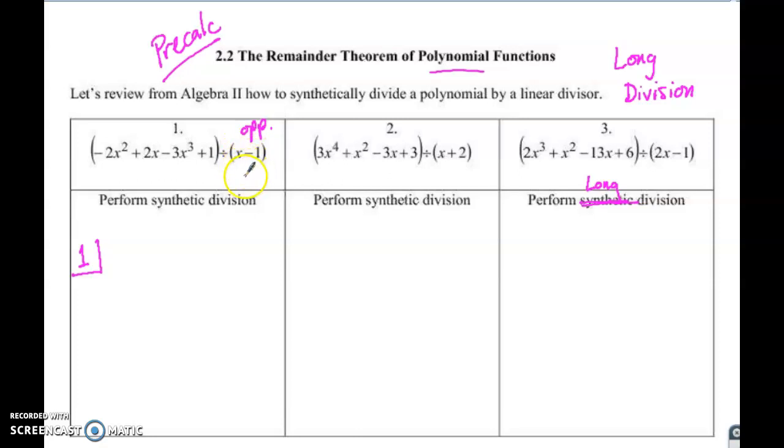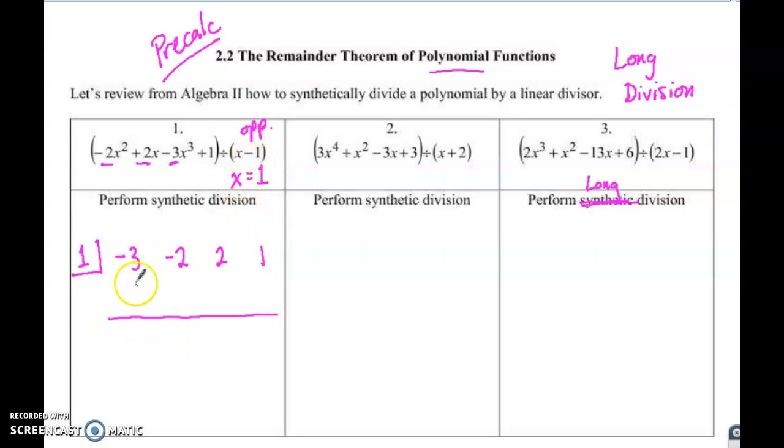The reason for that, if you think back to the zero product property, is it's the x equals value that goes into that box. And what goes everywhere else is your coefficients. Make sure that you have it with the highest exponent first, and then go over to -2, rewrite it if you have to, and then your next highest exponent, and then the constant is last.